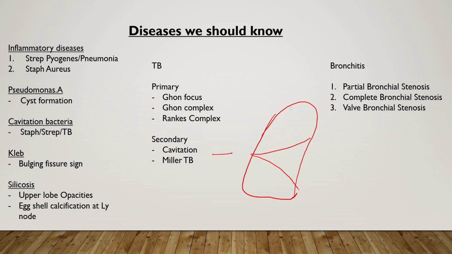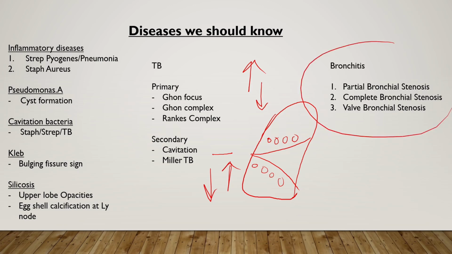Number 1, it can happen in the lower boundary of the upper lung, or the posterior section of the upper lung, and then the superior section of the lower lung. So think of it like up is down and down is up.